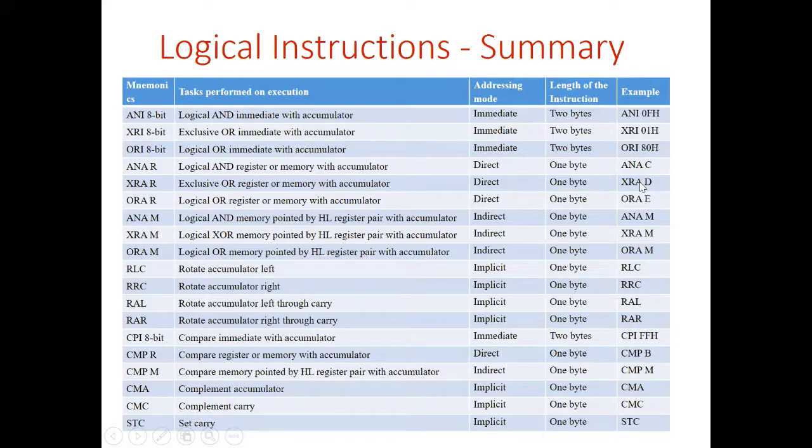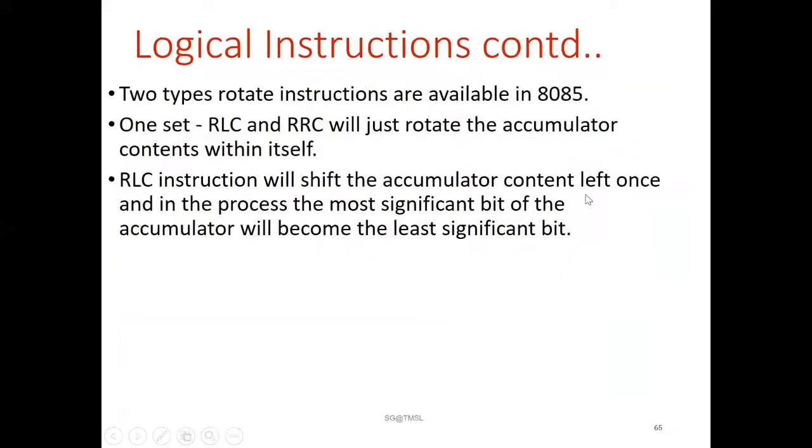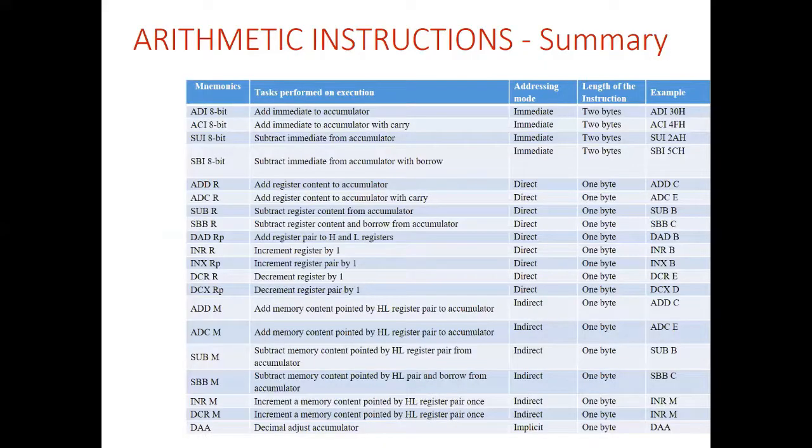Now if you'd like to perform an operation with a specific data which will be ANDed with the accumulator content, or XORed, or ORed, then you have to use these three kinds of instruction: ANI, XRI, ORI. Like we have said earlier, use the ADI instruction or SUI instruction.